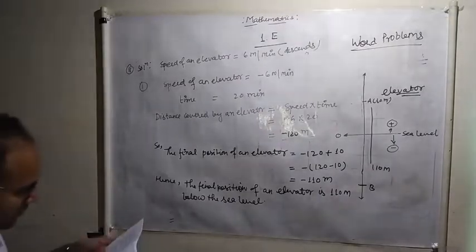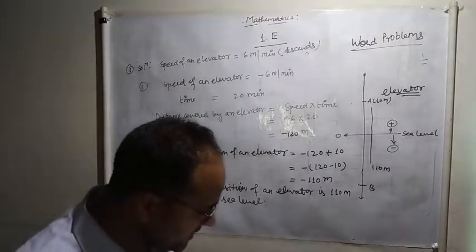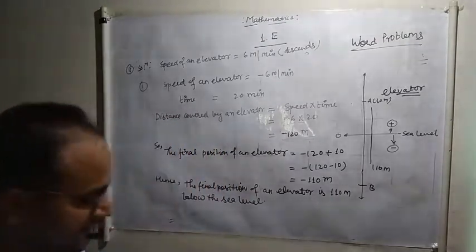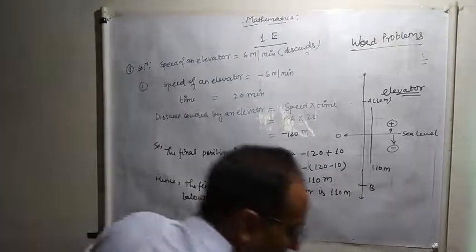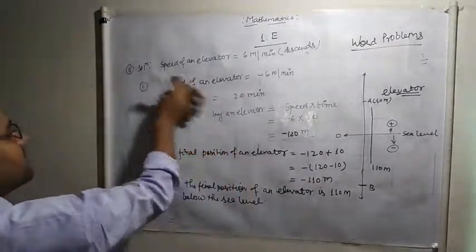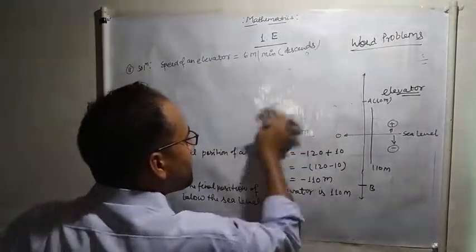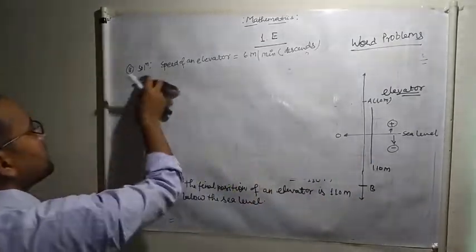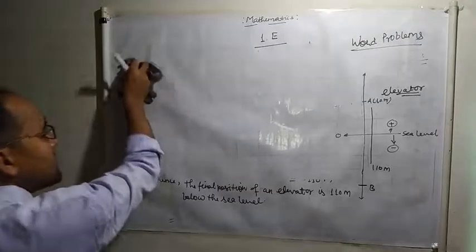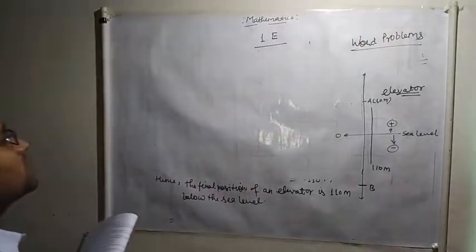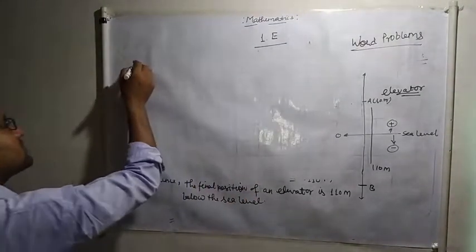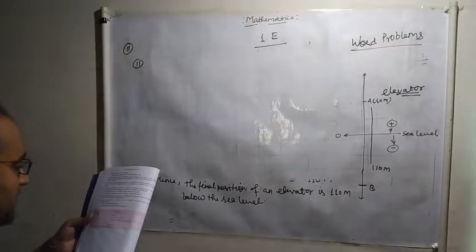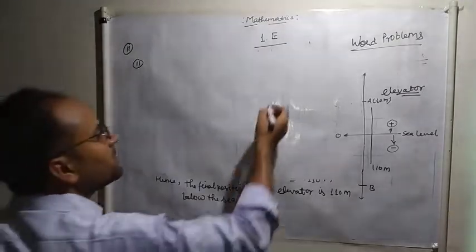In the second one, it is asking how long it will take to reach a depth of minus 350 meters. In the second, it is asking for time, and the distance is given. So first your aim is to find the total distance.